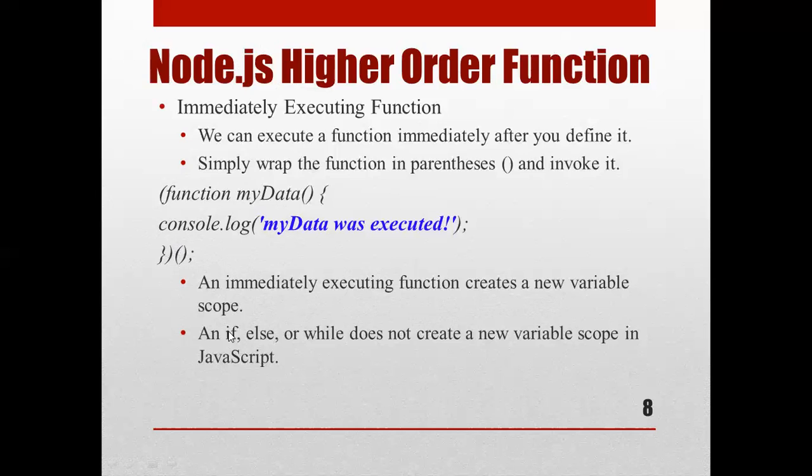And here you can see if, else or while does not create a new variable scope in JavaScript. Remember this: an if statement, else, or while loop does not create a new variable scope in JavaScript. Okay, so how to declare or create this function, or what it is, and how to call this function: an immediately executing function.